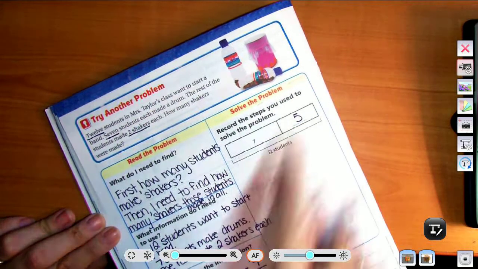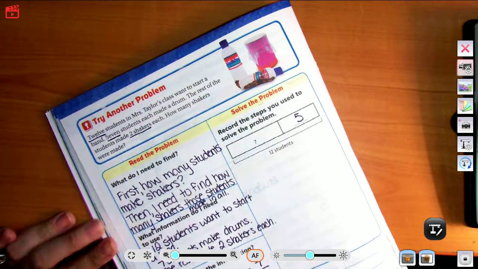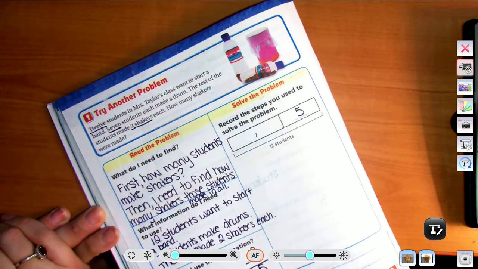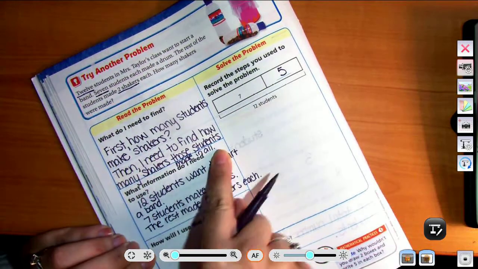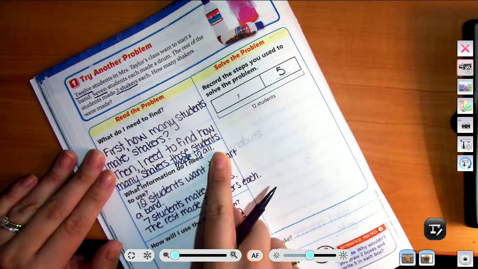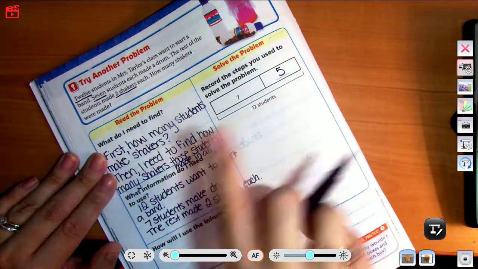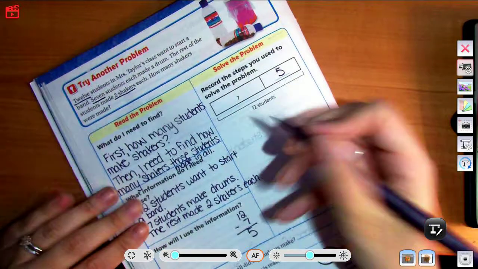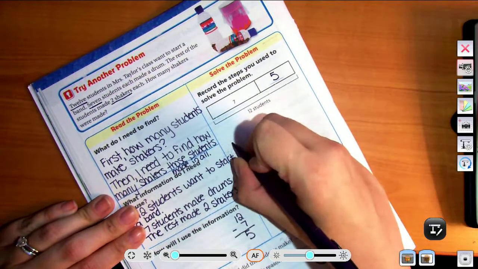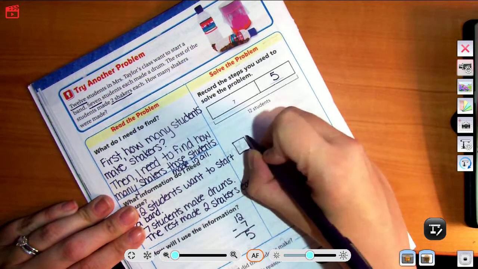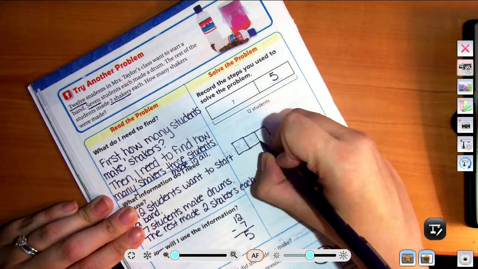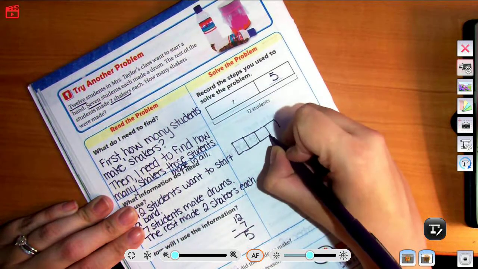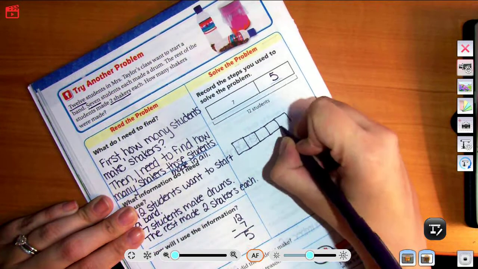So 5 students. So 7 plus 5 equals 12. So now I need to figure out how many shakers they made in all. Okay, so they each made 2, but there are how many groups? 5. So I'm going to make a bar with 5. 1, 2, 3, 4, and 5.